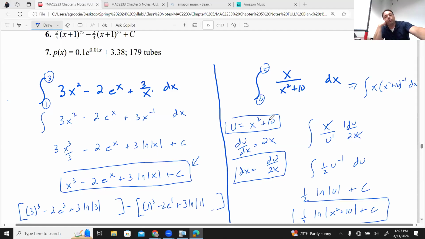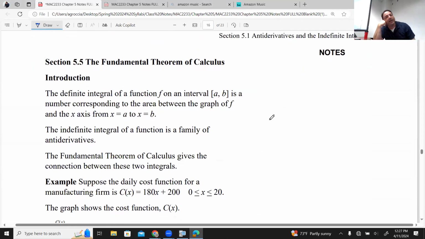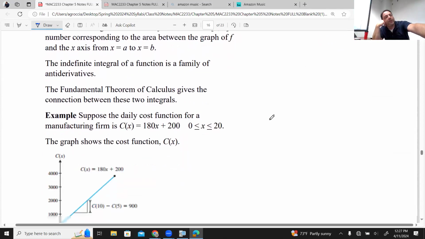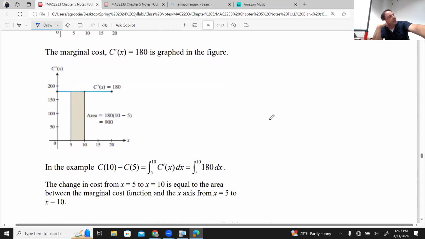So that gives you a really quick introduction of what 5.5 is about. Now 5.5 again deals with the definite integral when you have numbers. We're going to focus more on the business applications of this, but another application is finding the area under a curve.